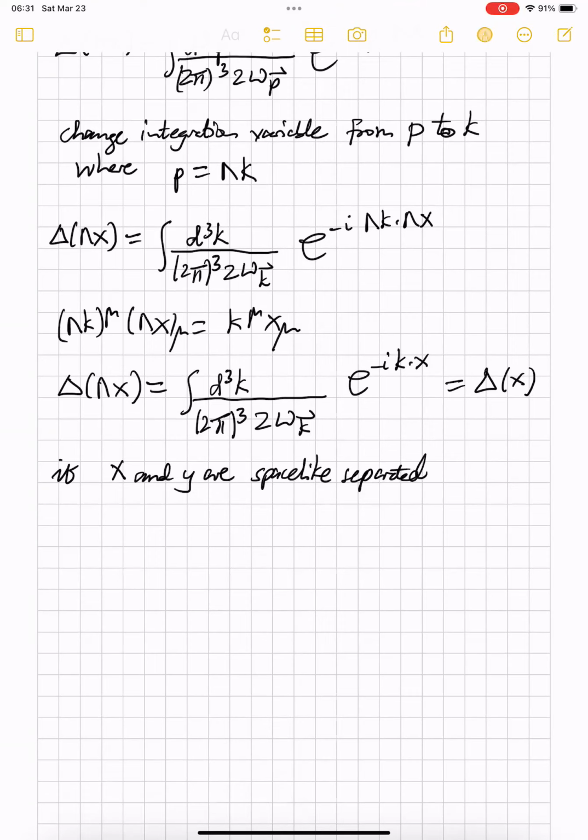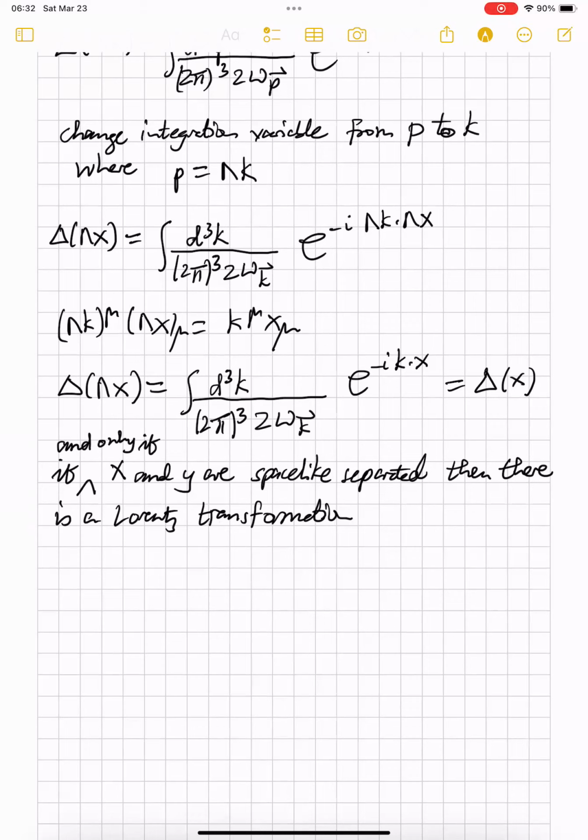If and only if x and y are space-like separated, then there is a Lorentz transformation which takes x minus y into minus (x minus y).